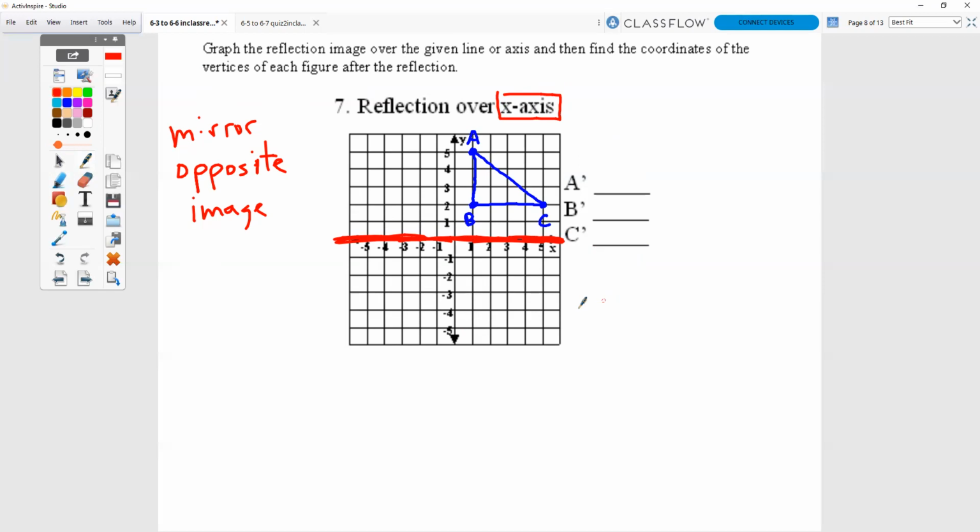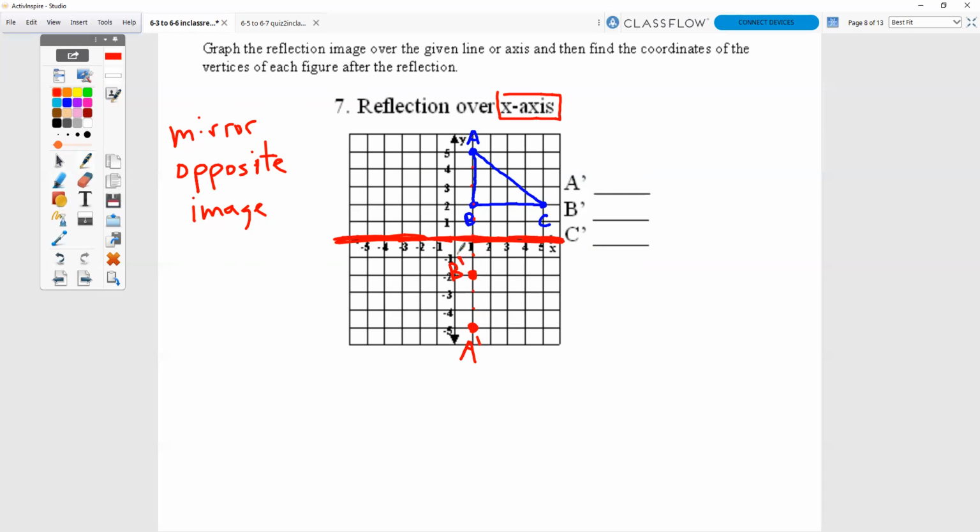So when I start at A, it is 1, 2, 3, 4, 5 places to the line. 1, 2, 3, 4, 5 places away from the line. Label it right away with your primes. That is A prime. B is 1, 2 places to the line, 1, 2 places away from the line.